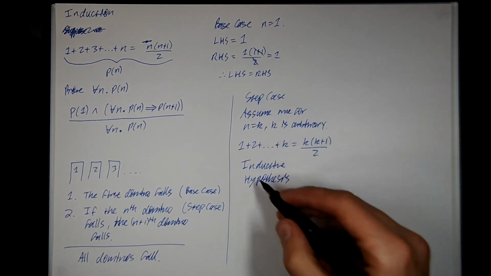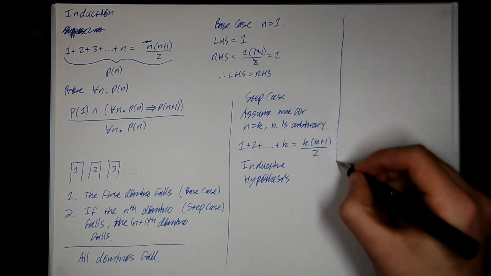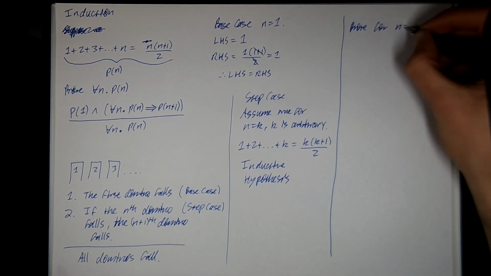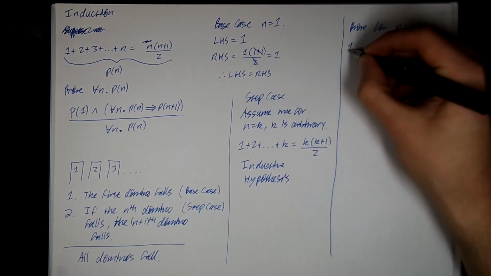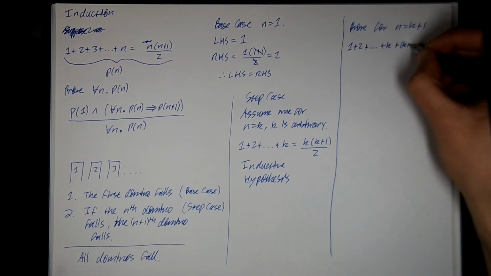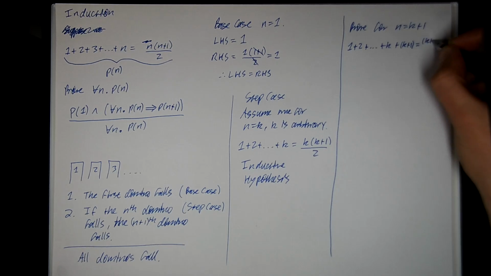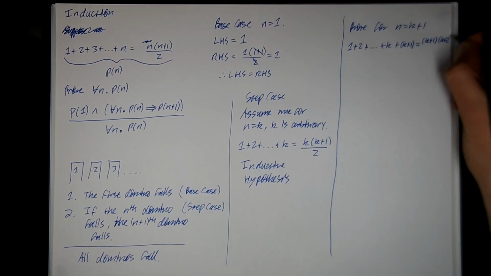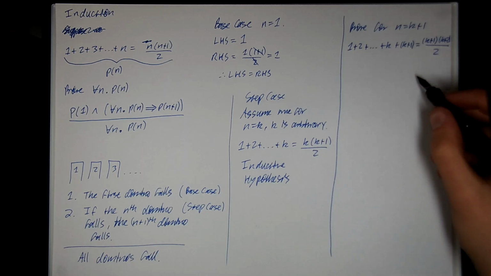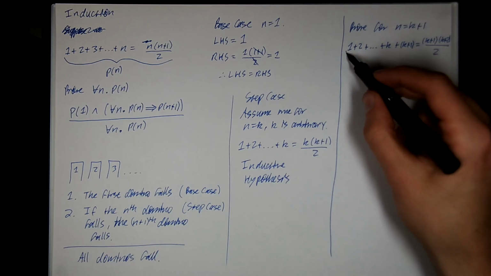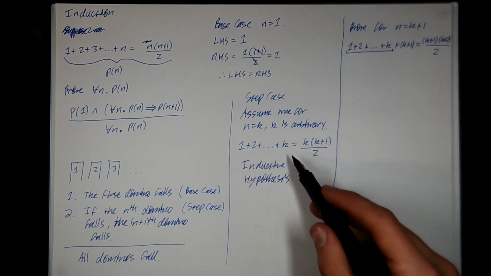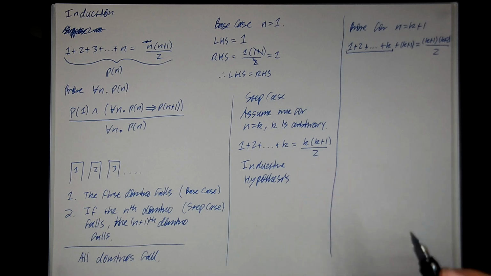Okay? And I want to use this statement to prove it's true for k plus 1. So I want to prove for n equals k plus 1. I want to prove that 1 plus 2 plus blah blah blah plus k plus k plus 1 is equal to k plus 1 times k plus 2, all on 2. Okay, that's my goal. So what can I do? Well, I notice if I look at the left-hand side, this section here looks exactly like the left-hand side of my assumption. So I can use my inductive hypothesis to rewrite this.